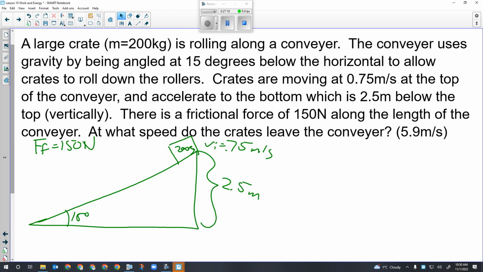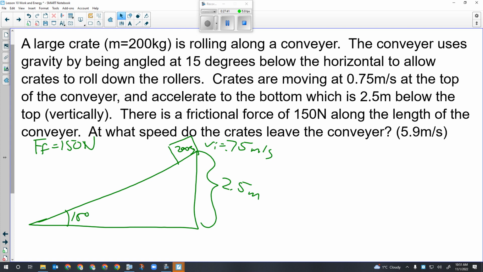So what do I need to calculate right off the bat here? I need to know the length of the conveyor, because that will tell me the distance over which this force does work. Can I calculate it since I know the opposite side and the angle?